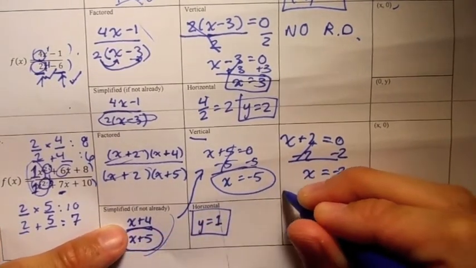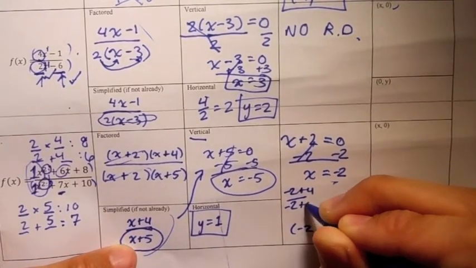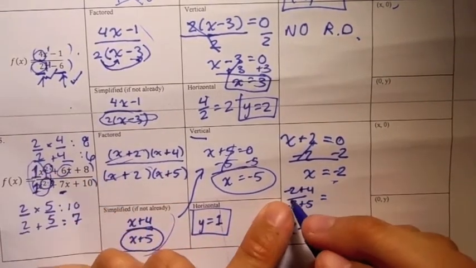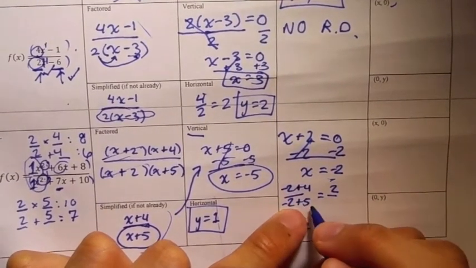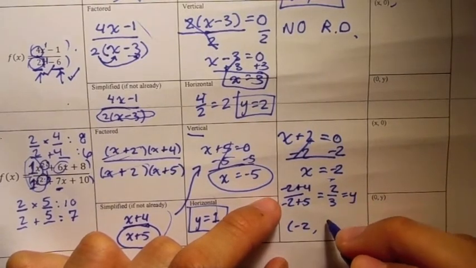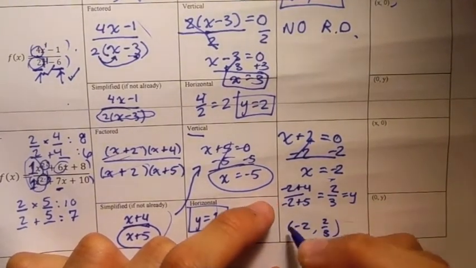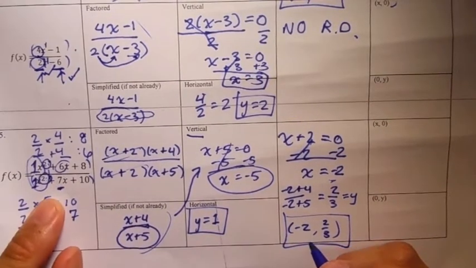So that is negative 2 plus 4 over negative 2 plus 5. Just leave it as a fraction. Negative 2 plus 4 gives you 2, and negative 2 plus 5 gives you 3. So your y value is 2/3. And that's where your hole exists in this function.